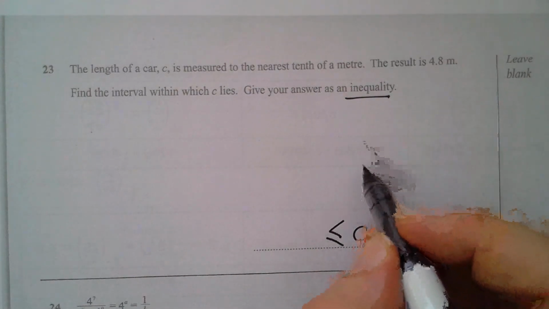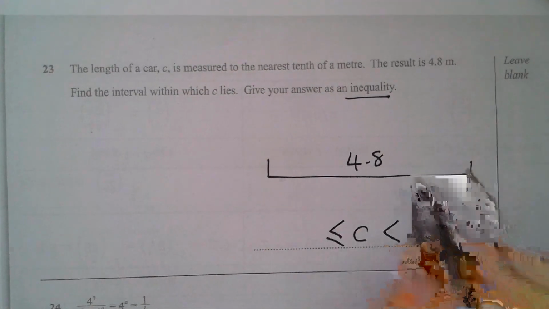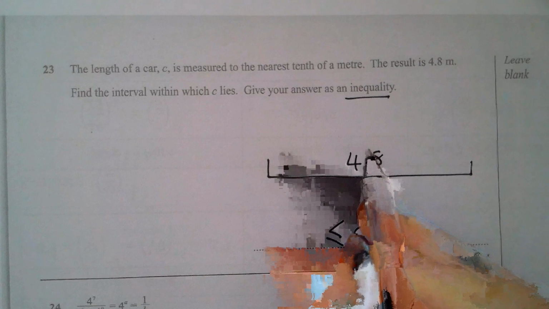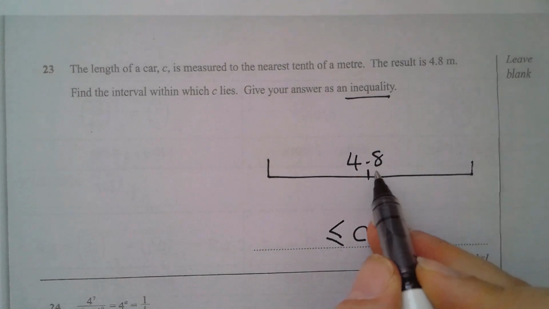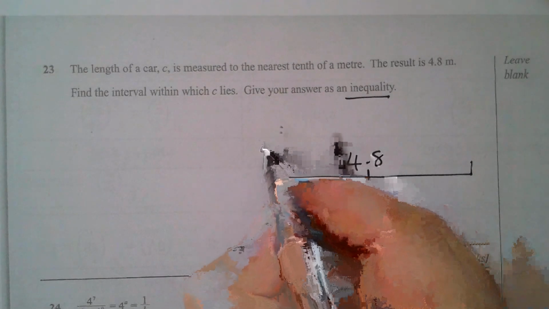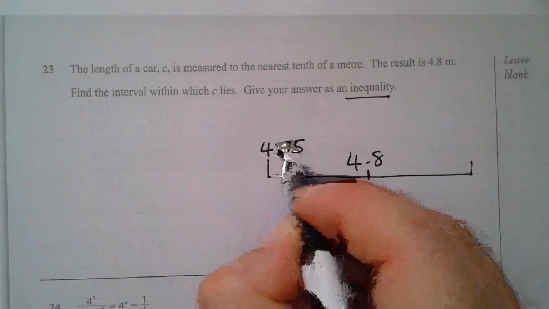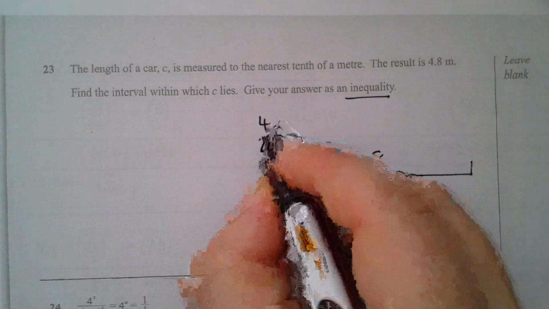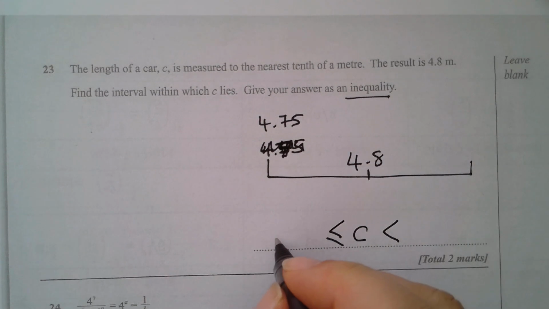So what we're looking at is 4.8, and 4.8 has to be a number that can round up and a number that can round down. So 4.8, what number rounds up to 4.8? Near a tenth of a metre, 4.75, and it can be 4.75, which is why we've got the equals sign here.